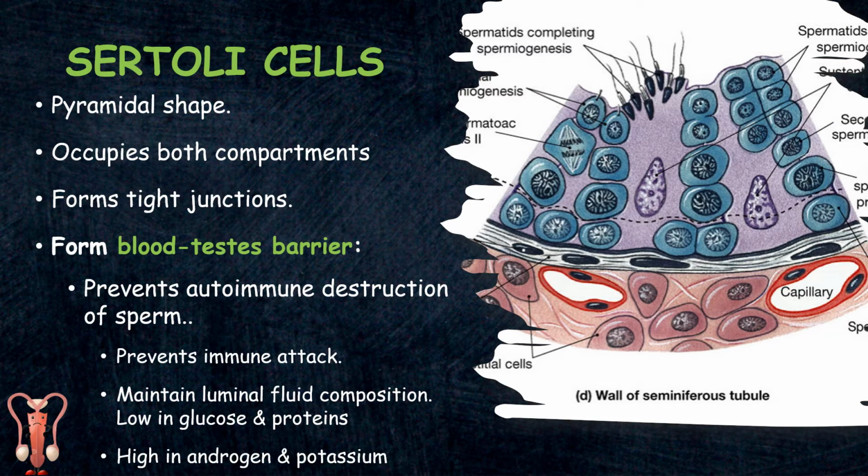Sometimes the breakdown of this barrier can lead to an immunogenic response against the germ cells. The barrier also maintains the luminal fluid composition, which contains glucose and protein in a very low amount when compared to the plasma, and testosterone and potassium in high concentration.